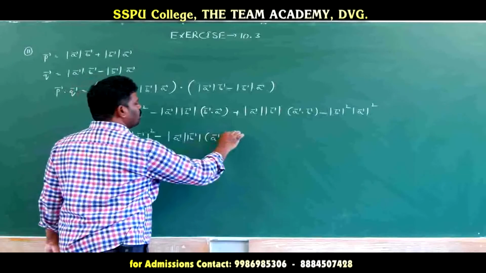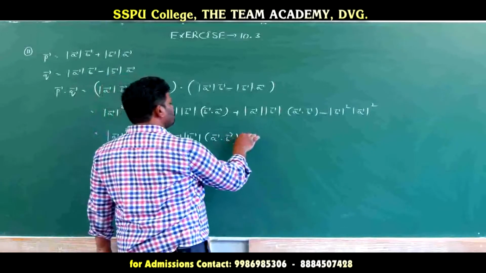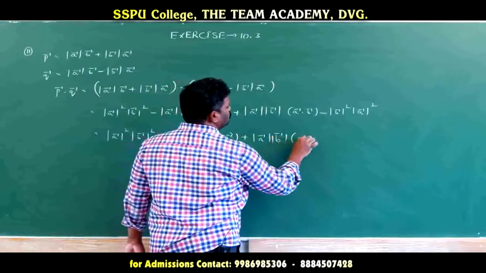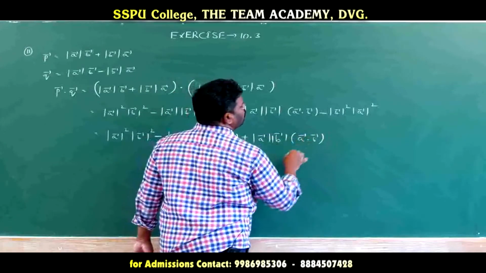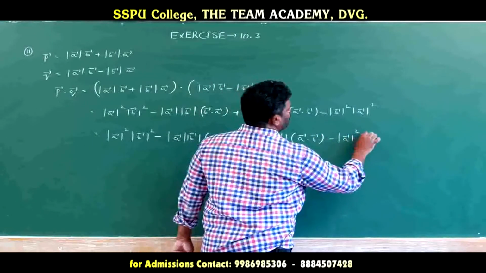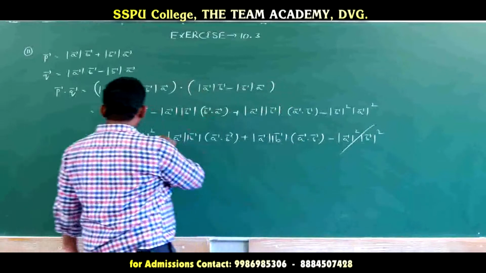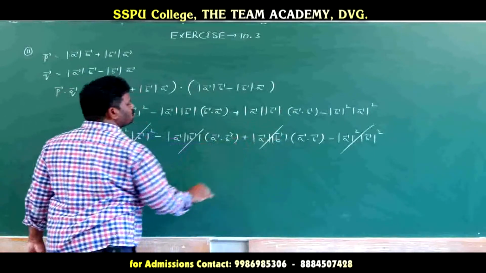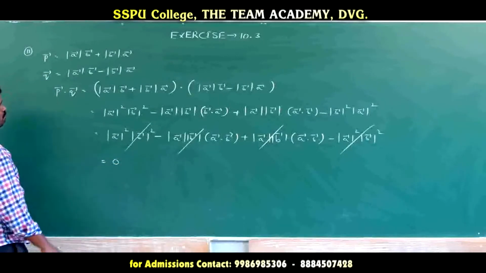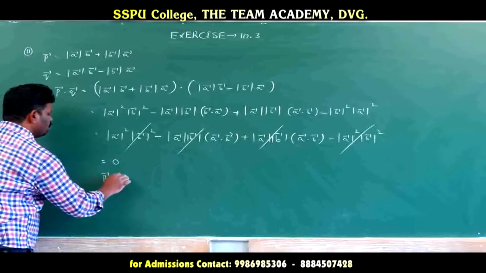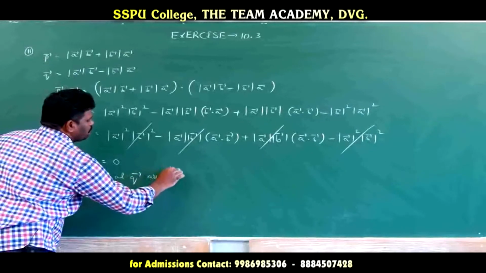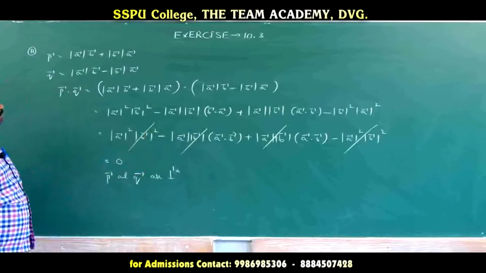By the commutative property, plus magnitude of A bar, magnitude of B bar into A bar dot B bar, minus magnitude of A bar square, magnitude of B bar square. These terms cancel, and the value is 0. So these two vectors, P bar and Q bar, are perpendicular.